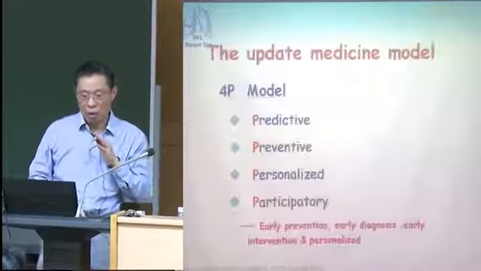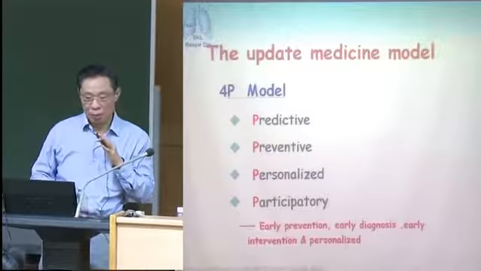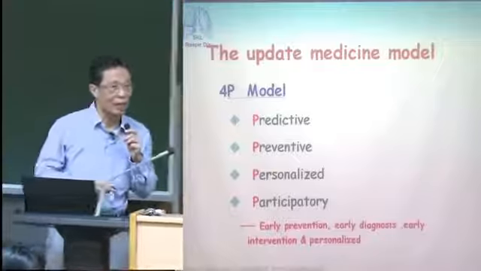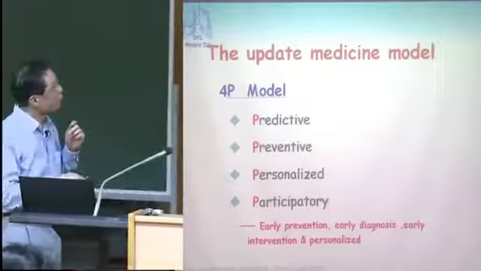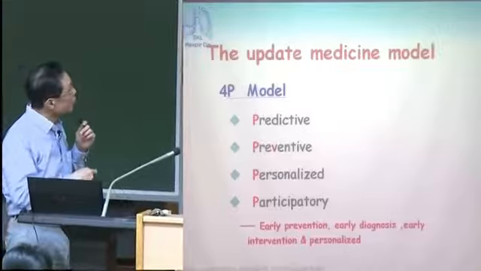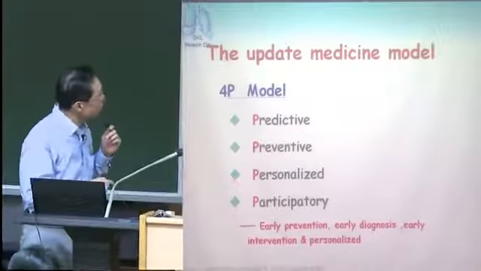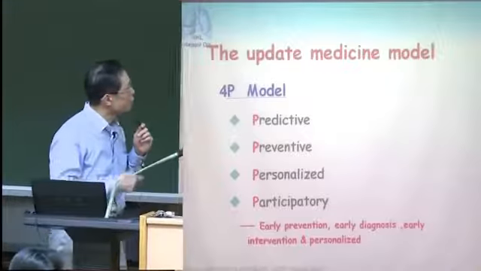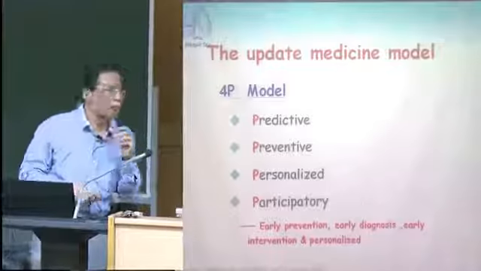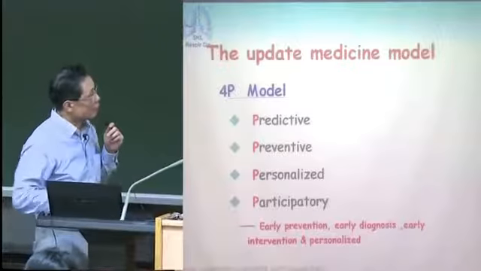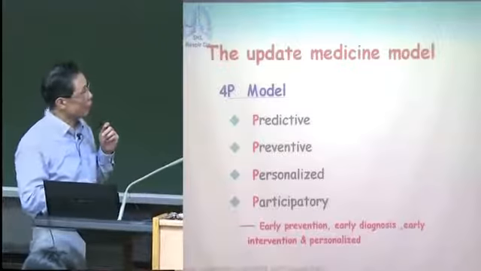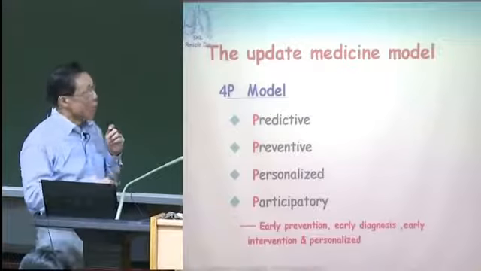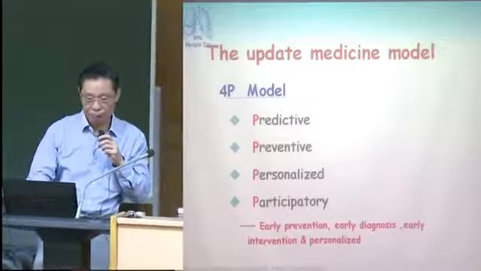People nowadays mention the 4P model, which I think I have given some talk to you about: predictive, preventive, personalized, and participatory. That means early prevention, early diagnosis, early intervention, and also giving the patient personalized care, with participation by the public and the community.